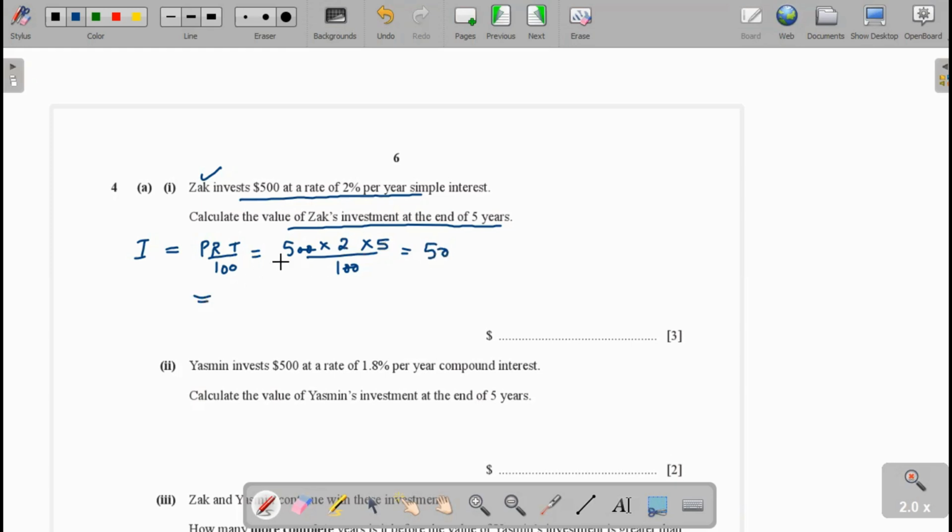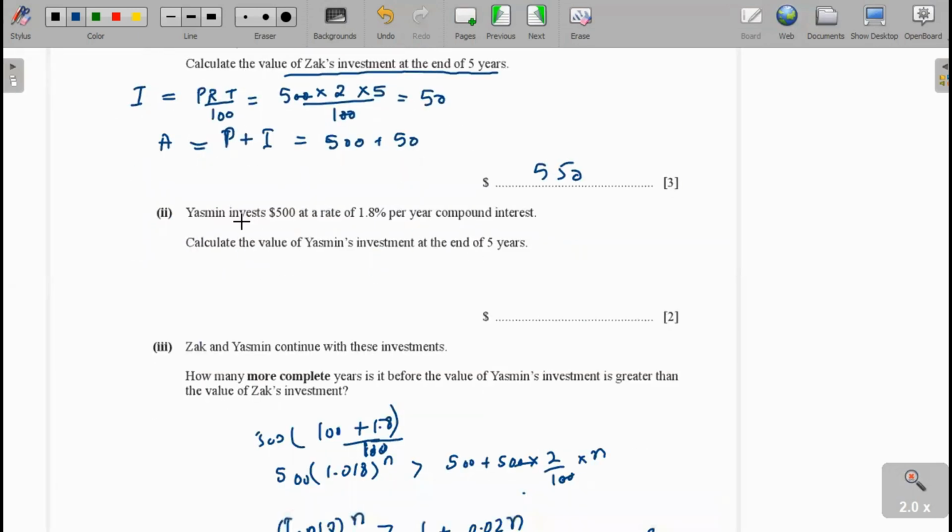The total investment after 5 years is equal to the principal amount plus interest. Therefore, that value will be equal to 500 plus 50, which is 550.